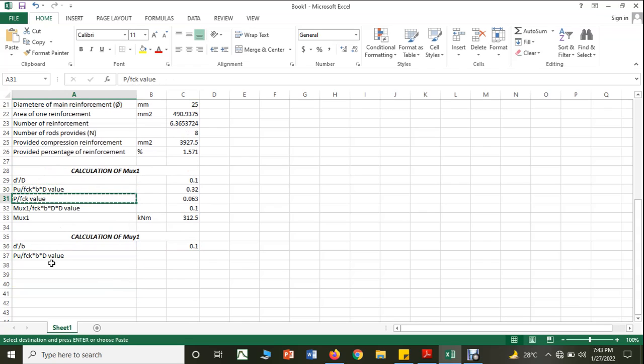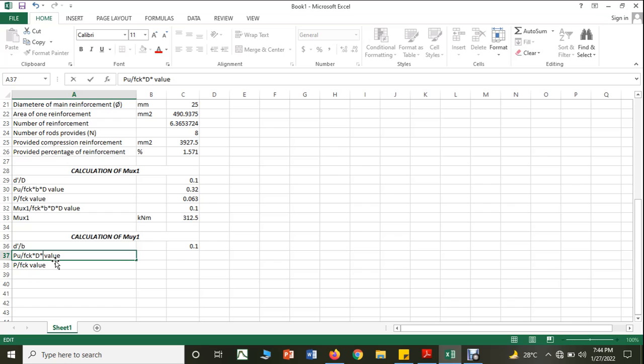Then again p by fck value, also no change. Actually, to be frank, if it is a rectangular column, then where I was using Pu by fck b into d, here I am supposed to use Pu by fck d into b.